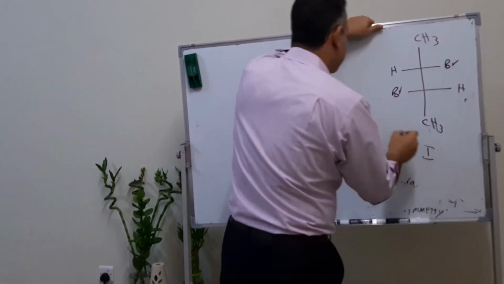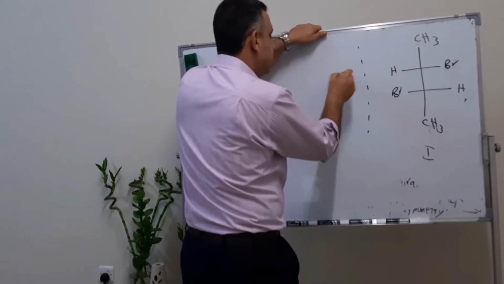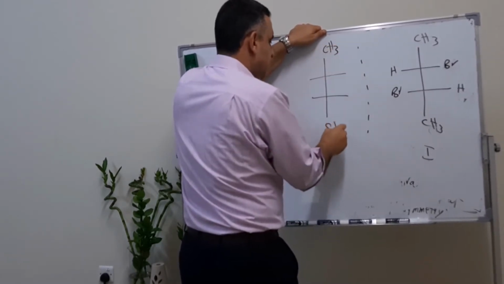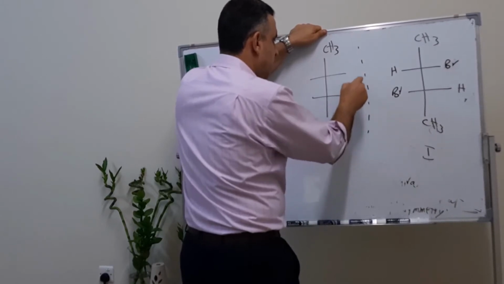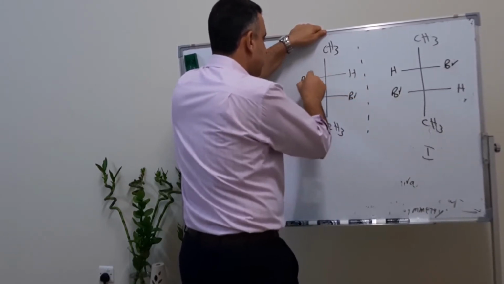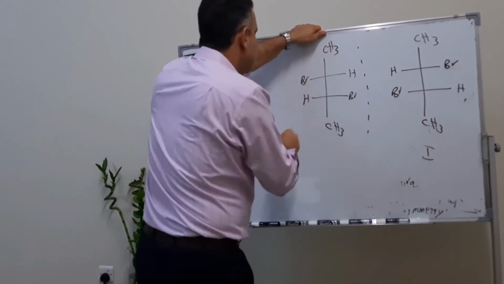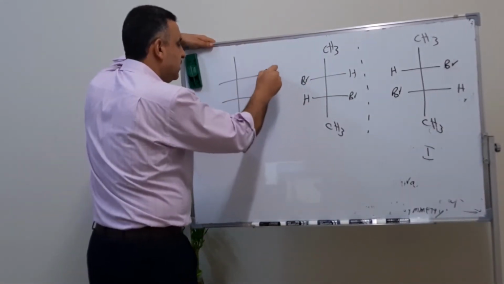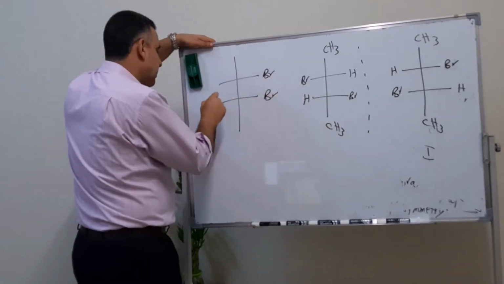So this is structure number one. Its mirror image, because they are not superimposable into each other, is CH3, Br, hydrogen. And the third compound is the meso compound, because we said it is an achiral compound.